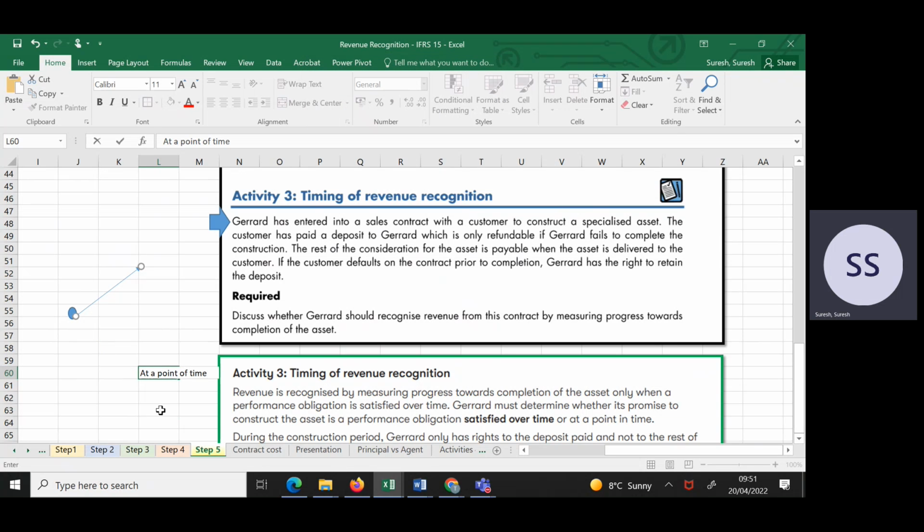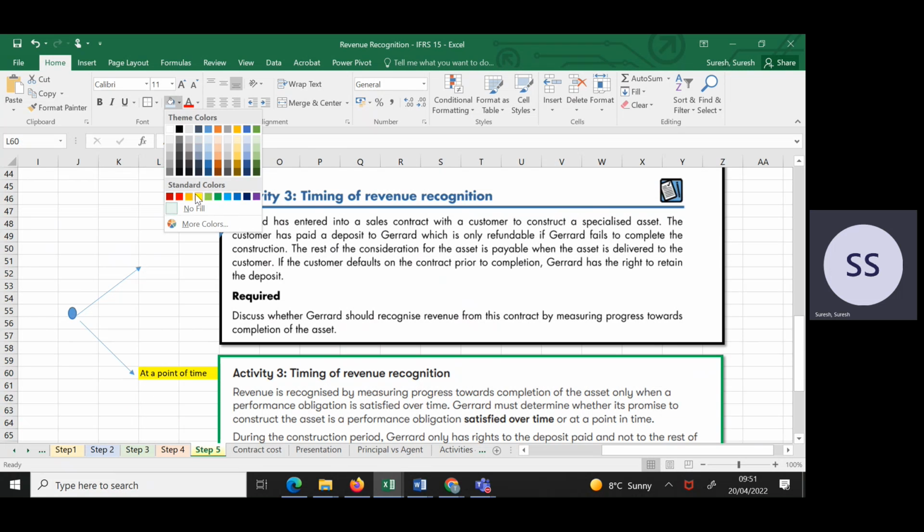For example, say I promise to sell you a box. Just say that this is the square, this is the circle. I promise to supply this to you, and then you promise to pay me 50 quid, right?